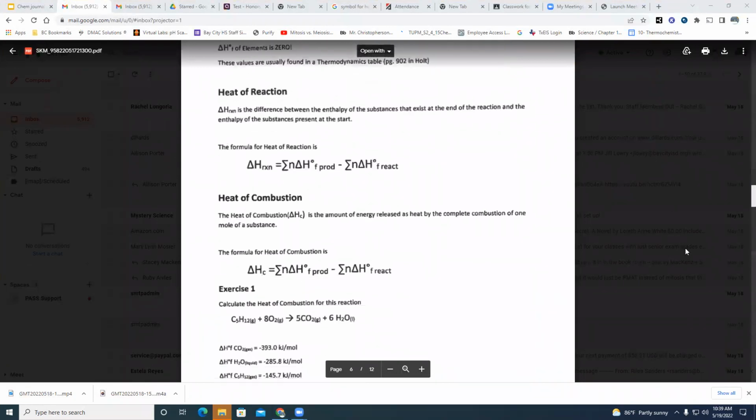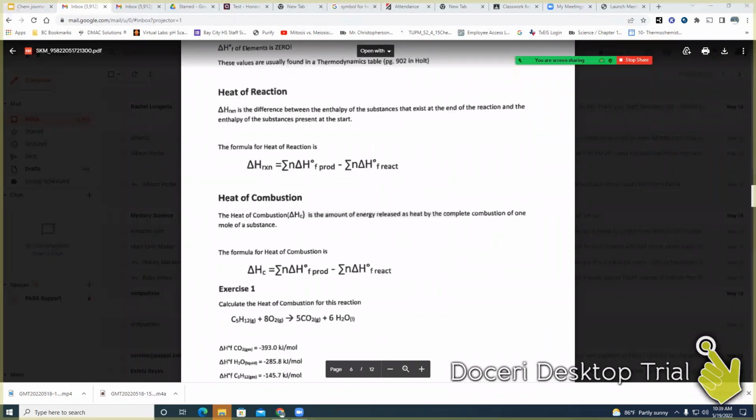So to find the overall heat of reaction, you're going to use your heat of formation for the compounds that make up that reaction. And that formula is going to be the summation of our products minus the summation of our reactants.